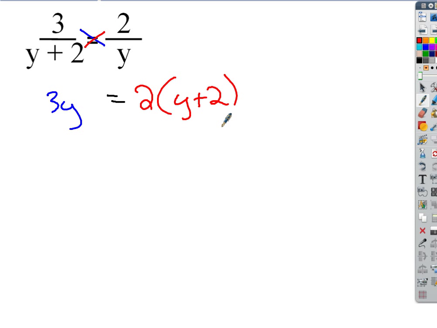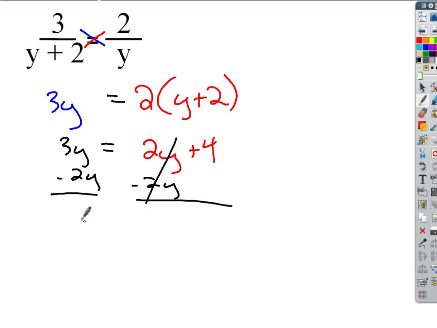But when I'm multiplying by something that's got multiple terms, it's a quantity, so I have to put it in parentheses. Then if I distribute, that's going to end up being 2y plus 4. And now how would I solve that equation? Subtract 2y, so I get y equals 4. How about that? Okay, good.